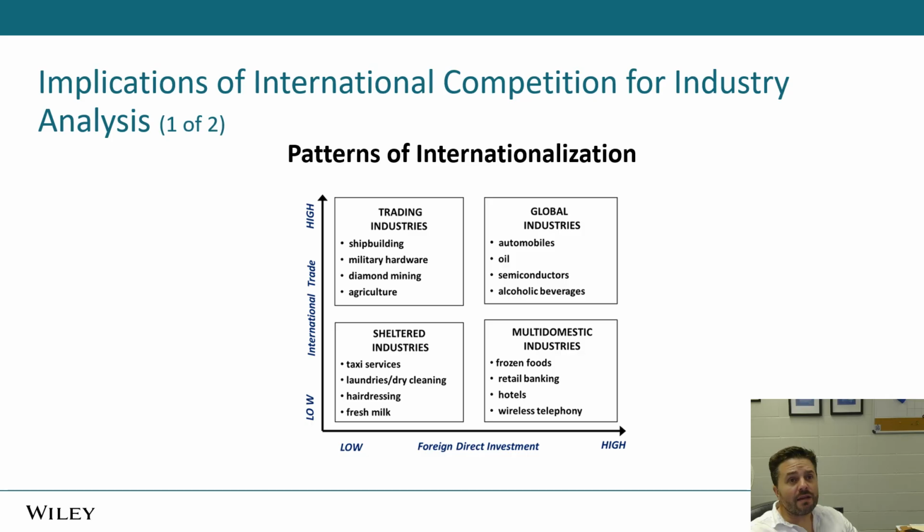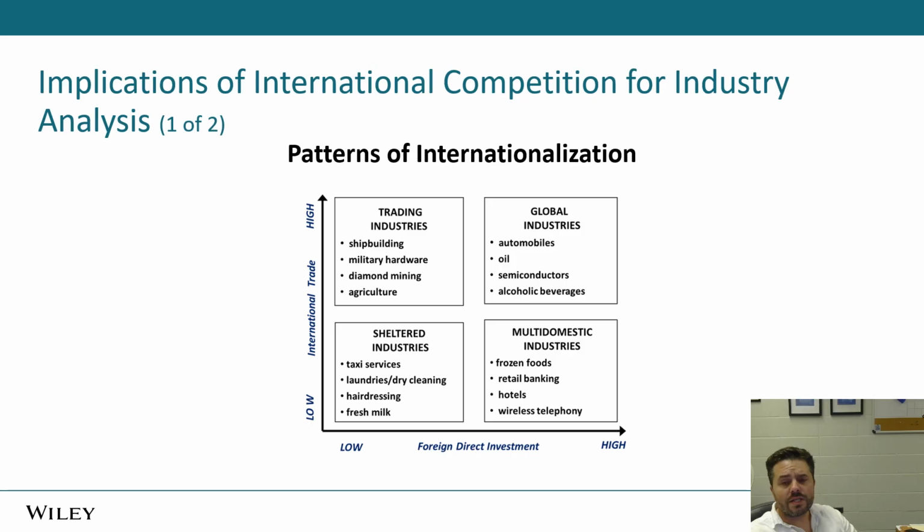The flip side of that, though, is that there may also be more customers and options for suppliers. So really, there's a potential impact on each aspect of the five forces, and how that plays out and what the overall difference is really is specific to your industry and the extent to which it actually is internationalized or not.